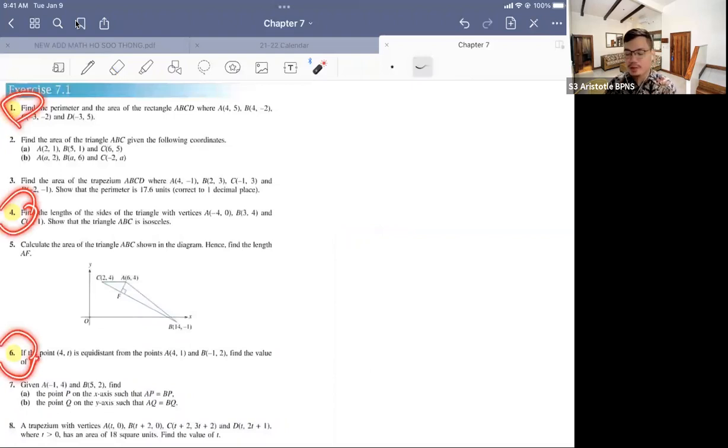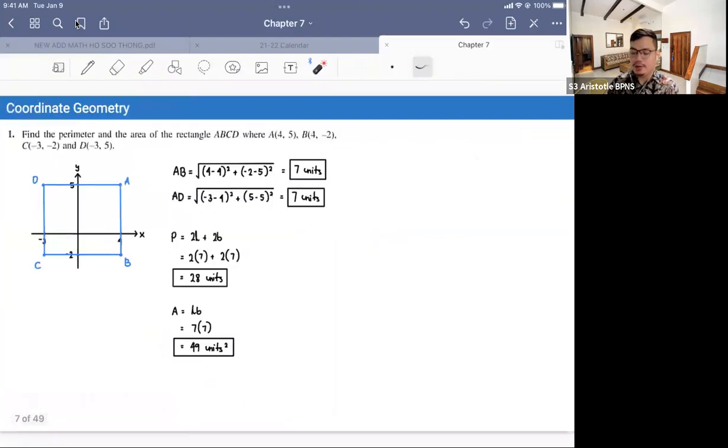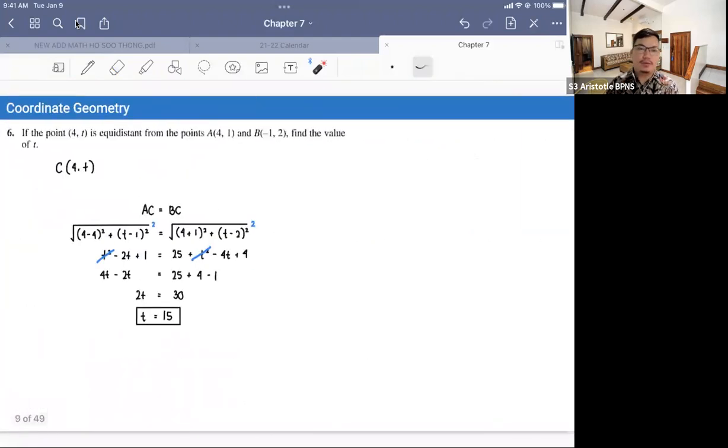If you want, you can answer them, and if you want me to check, you can send it to my WhatsApp. You can do some extra work during your free time. That's it for the length of a line or the distance between 2 points. So please don't forget that formula.